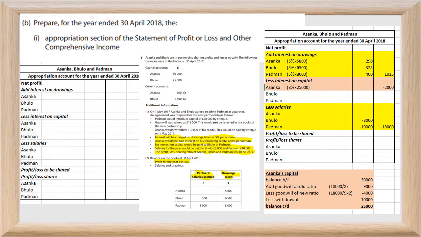Second, interest on capital will only be paid to Asanka at 8% of his new capital figure, so we have to do a manual working for Asanka's capital. Third, no interest on capital for the other 2 partners. Next, the salaries figures should be recorded. Finally, we should total the appropriation account and divide the profits within the profit sharing ratio.